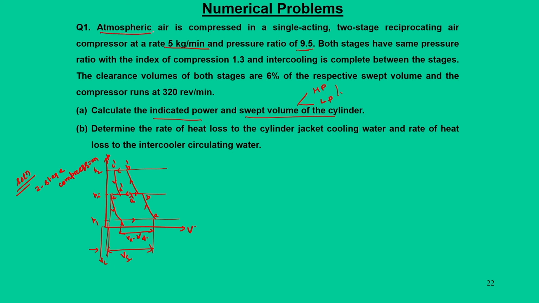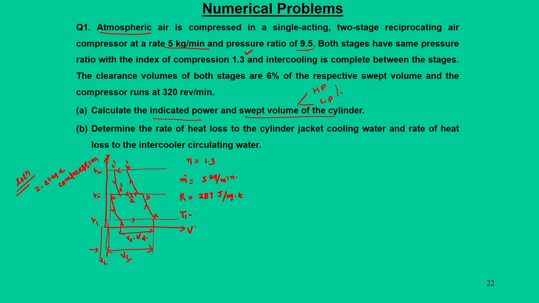So, there are some basic assumptions that we have to record first. The induction compression index we assume as 1.3, m dot is given as 5 kg per minute, and R, for air, is 287 joule per kg Kelvin.